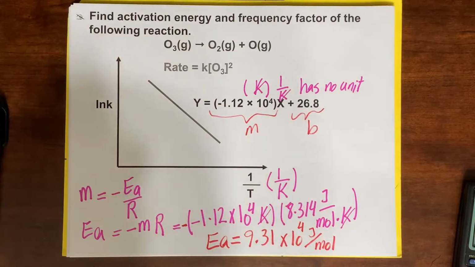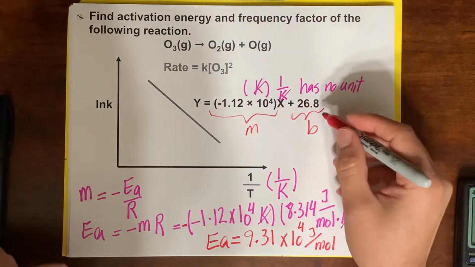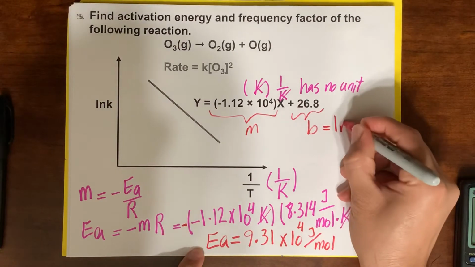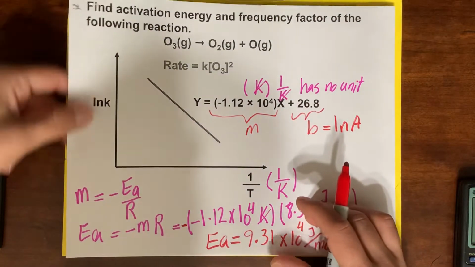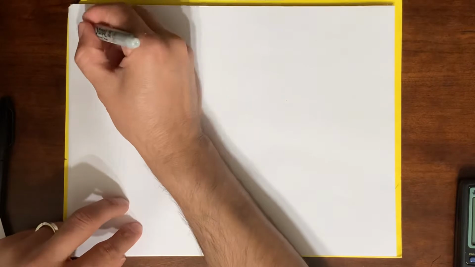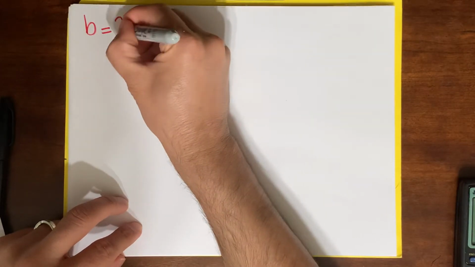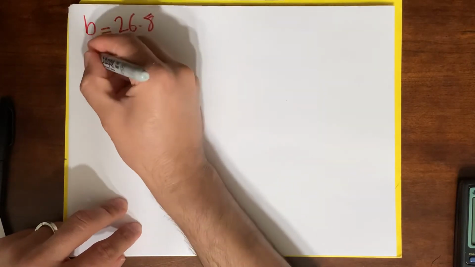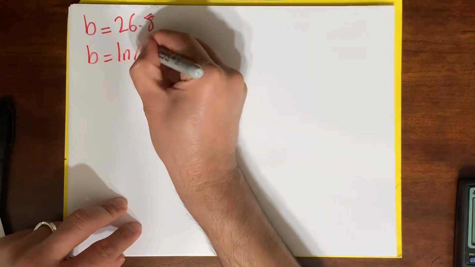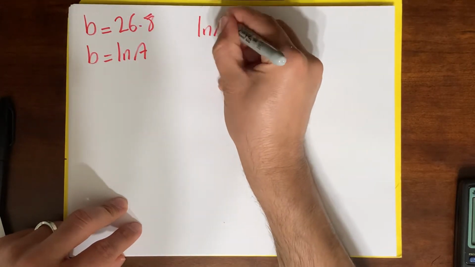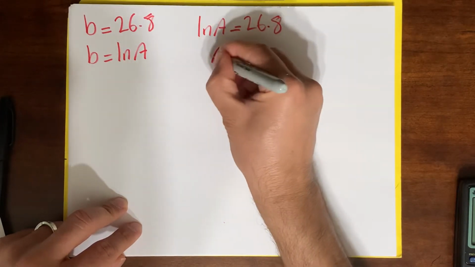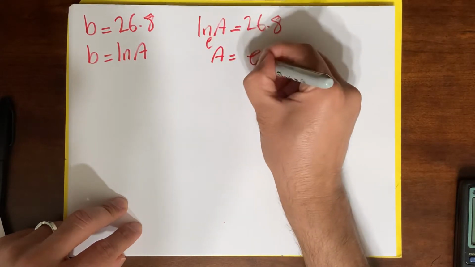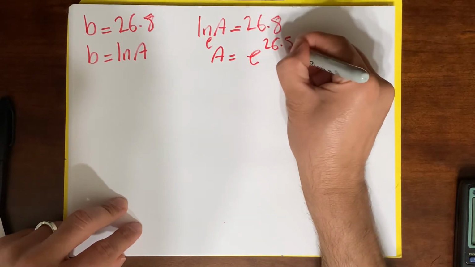How about B, which is ln of A? We can calculate this one. I have B, which is the intercept, equal to 26.8. B is equal to ln of A. So ln of A is equal to 26.8. That means A will be e to the power of 26.8.